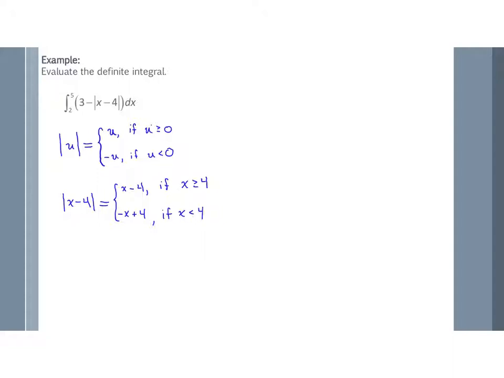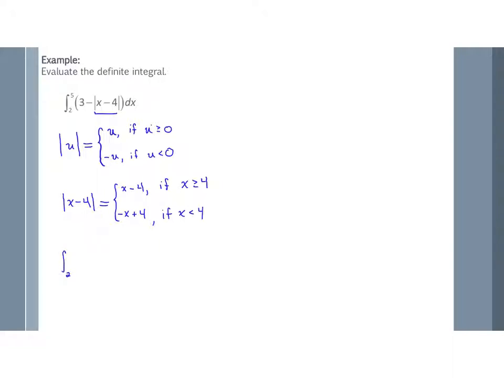So therefore, if you look at where this transition takes place, this portion of the integral changes sign at 4, but our interval is between 2 and 5. So we're going to split this integral up into two integrals.